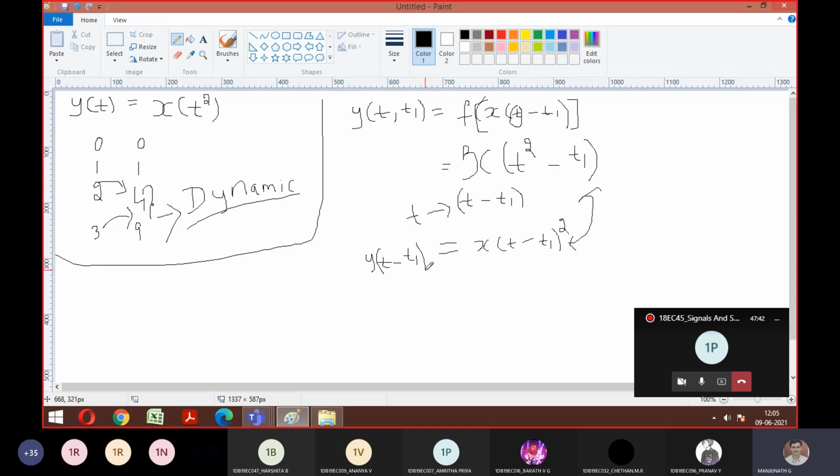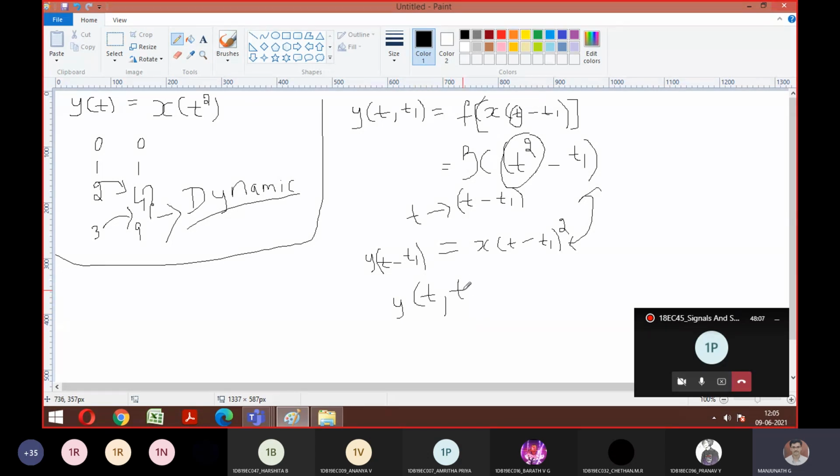I'm asking Abhishek first. Is it matching here? Is it the same? No, sir. Then how did you tell it is time invariant? You should justify the answer by substituting like this. At least understood now? Yes, sir. So hence we can conclude. Make the corrections properly, guys.